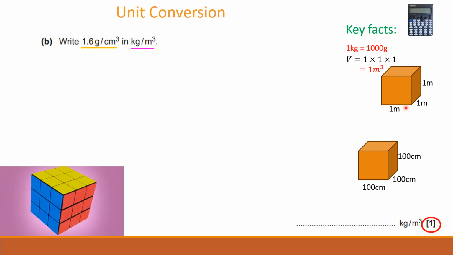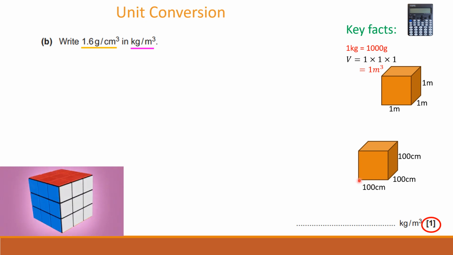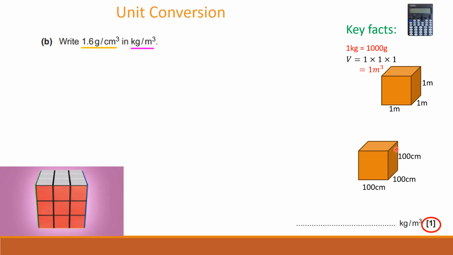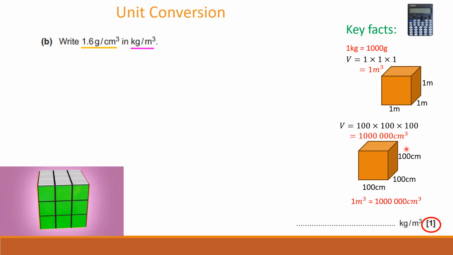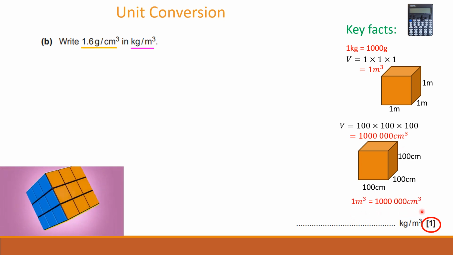So these cubes are exactly the same size, but instead of 1 metre, I've got 100 centimetres for each of the units. So the length is now 100 times 100 times 100 to work out the volume. So the volume of this second cube, which is exactly the same as this first cube, is 1 million centimetre cubed. So 1 metre cubed is equal to 1 million centimetre cubed.